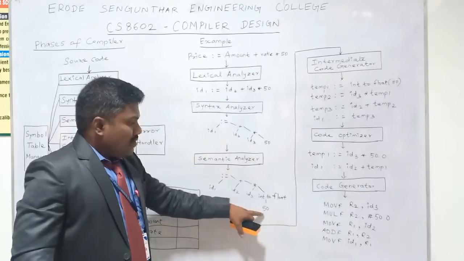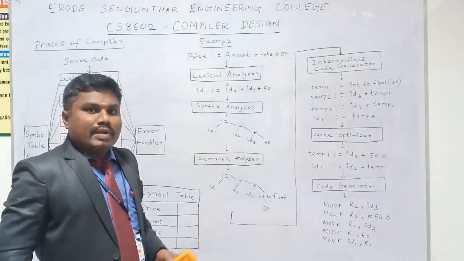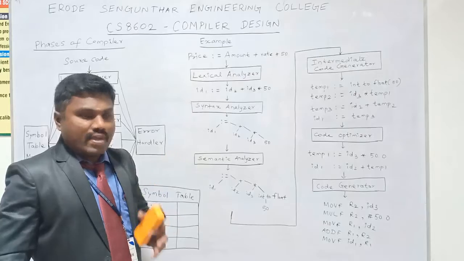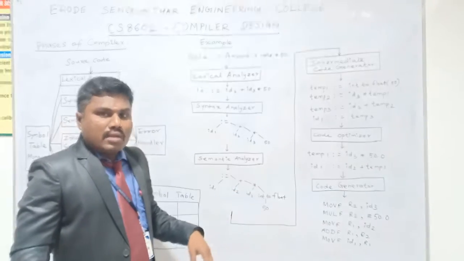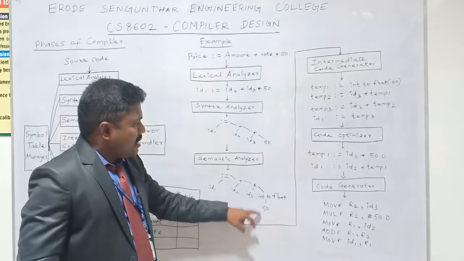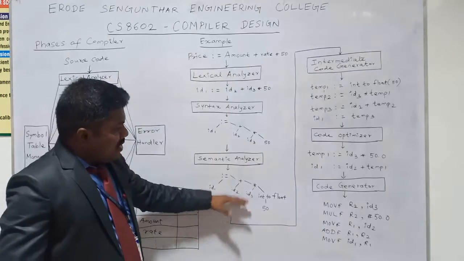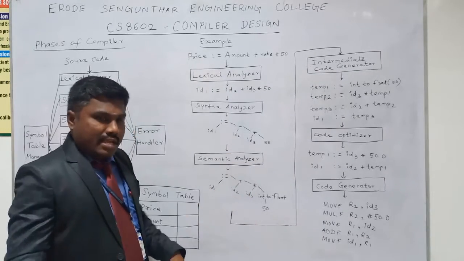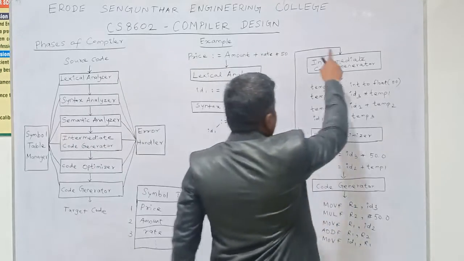If the particular type is real or float, we can say that particular value is exact or accurate. So we are converting this integer to float or real. Here, type casting or type conversion is done by the semantic analyzer. After checking the type and taking typecasting, this typecasted output we are going to give as an input to intermediate code generator.